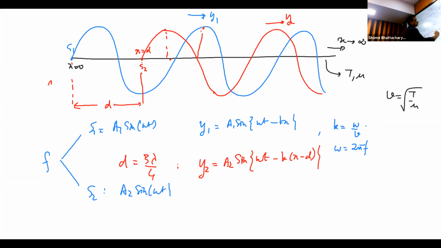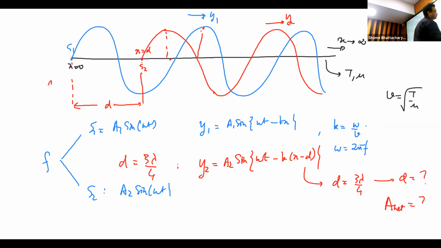Now, when you substitute the value of d, which I've taken over there, which is 3 lambda by 4, do this and tell me what phase difference you're getting, and therefore what net amplitude you're getting. Even though the visual picture is not giving you a hint about the net amplitude, when you do the calculation by the phasor diagram, you'll understand. So just try this out.